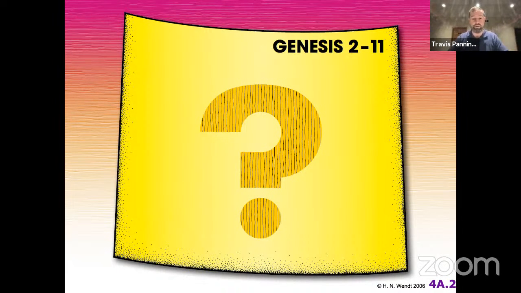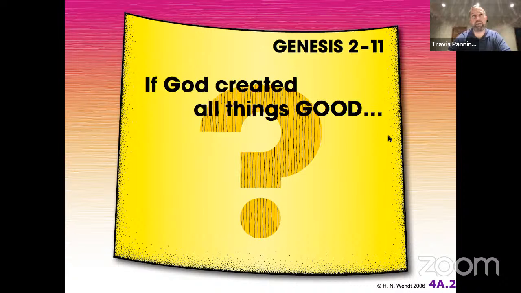And I could go into that story for a long time, but suffice it to say, Genesis chapters 2 through 11 is kind of seen to be one section in and of itself. The story begins in chapter 2, and it really carries all the way through to chapter 11. And there are questions that come up when we read Genesis chapter 2.